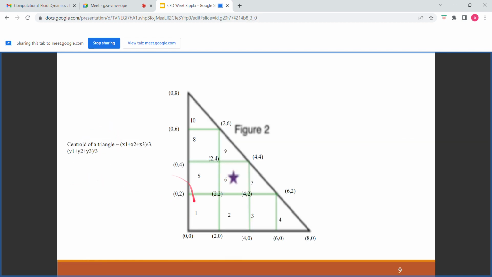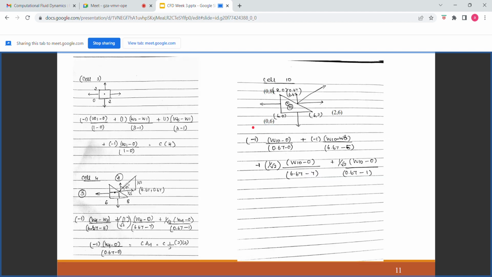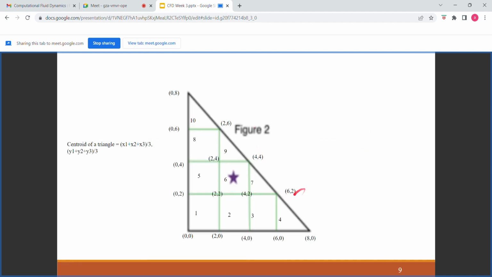For square cells, the center point is easy because it is 2 in dimension here and 2 in dimension here, so the midpoint would be 1, 1. That is what we have given for cell 1. Whereas for triangle 4, the corner cell, the centroid of the triangle is obtained by summing up all the x coordinates and the y coordinates separately and dividing by 3.